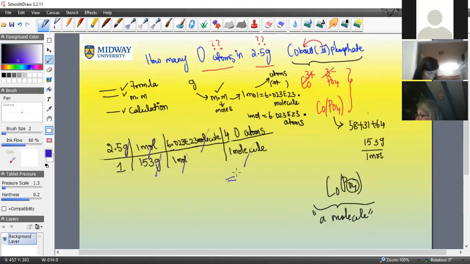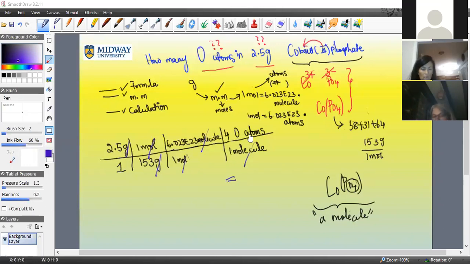So what did you guys get for the answer? I didn't get it just because of my other computer. My calculator. I'll get it in just a second. But it's going to be 2.5 times the 6.023 e to the 23. Exactly. Yeah. Let me write it.